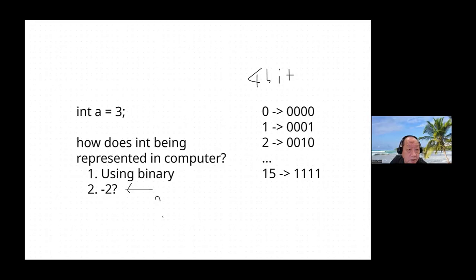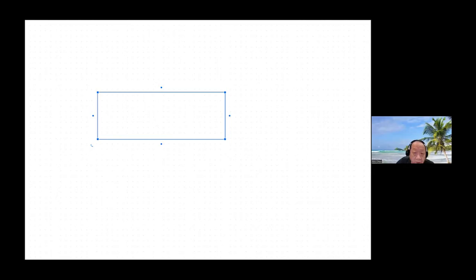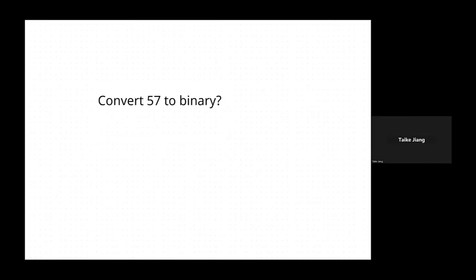First thing is how to convert 57 to binary. You divide by 2, then you count the remainders backwards. So you have 57, and then what do you do? Divide by 2.